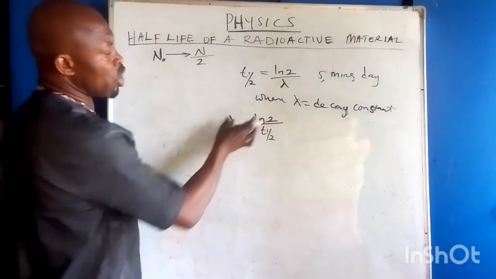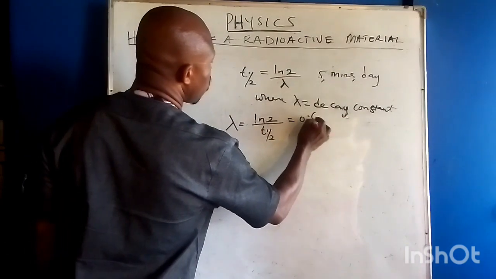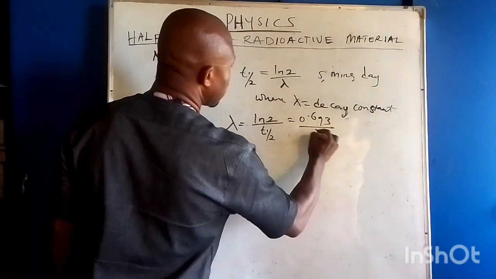The natural logarithm of 2 is 0.693, so the decay constant is 0.693 all over T half.